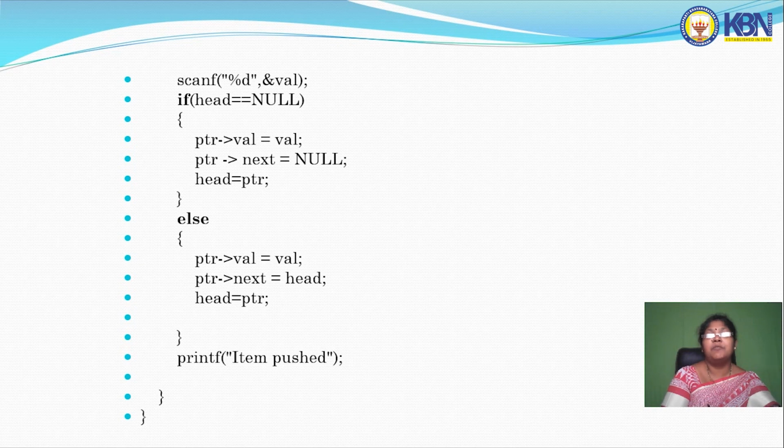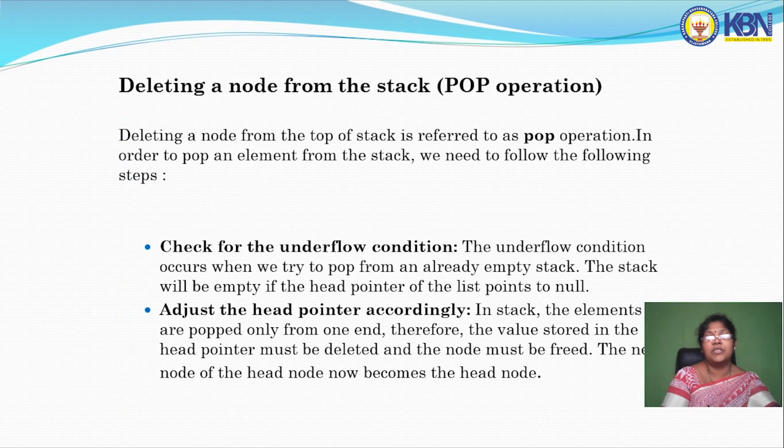Else maybe the element is the next element, and it already has some starting elements. Here we are giving the next element. We set ptr data equal to value, ptr next equal to head, and head equal to ptr. So automatically one element will be pushed and it gives the link to the next element. So the new element and head, both elements will be linked together by using the address. This is adding an element. Then go for the next one.